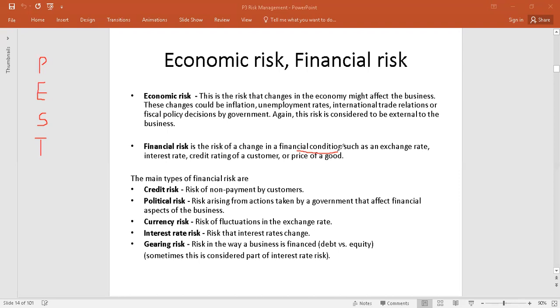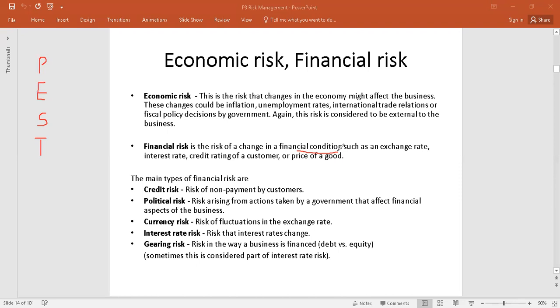The first one is credit risk, because credit is a policy of the business to extend a credit period to the customer. Within that credit period or at the end of it, the customer is supposed to pay that amount to the business. If they do not pay, we call that bad debts. So that's the risk of non-payment by the customers. This arises because of a decision taken by the business to extend a credit period to the customers.